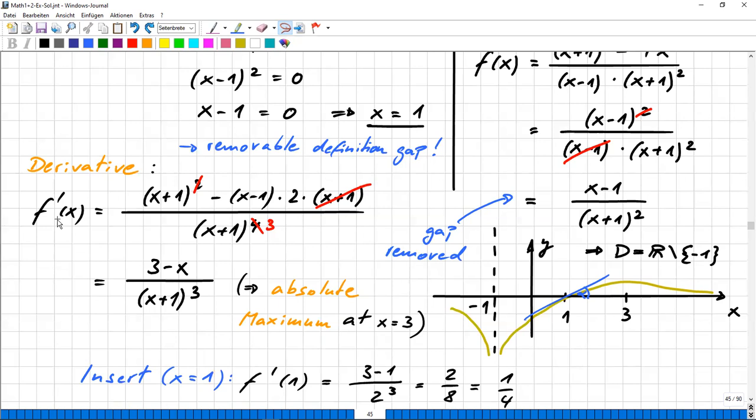We need the first derivative. Why? Because we have to insert our 0 into the first derivative in order to calculate the slope of the graph of our function at this position. So this is a good opportunity to use the quotient rule again, or the ratio rule of differential calculus, which I'm doing.